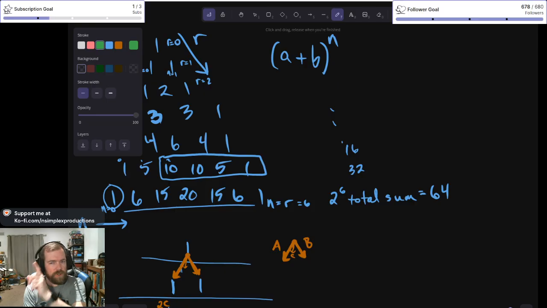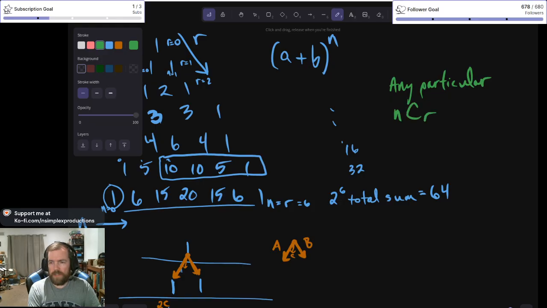Just like with our choose formula, any particular nCr is going to be equal to n factorial.